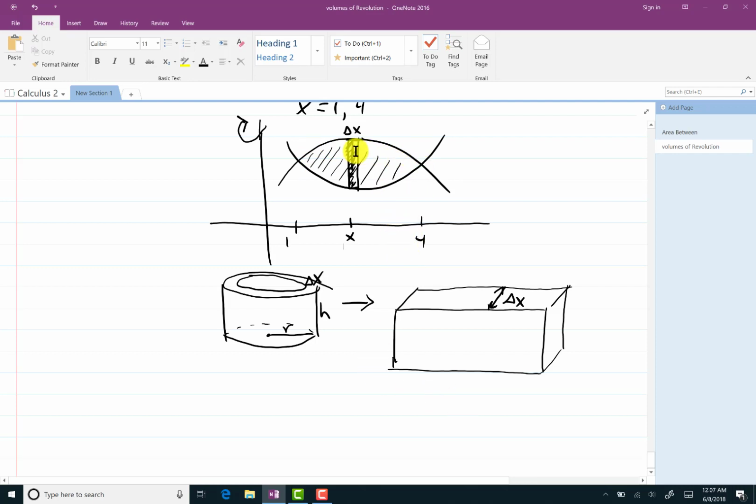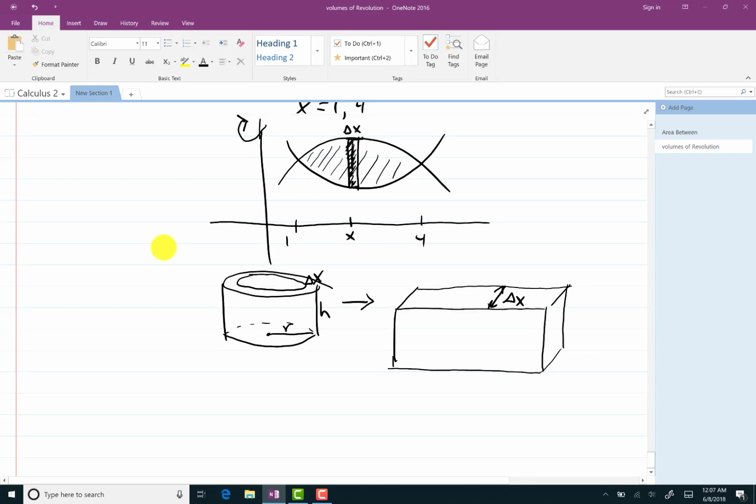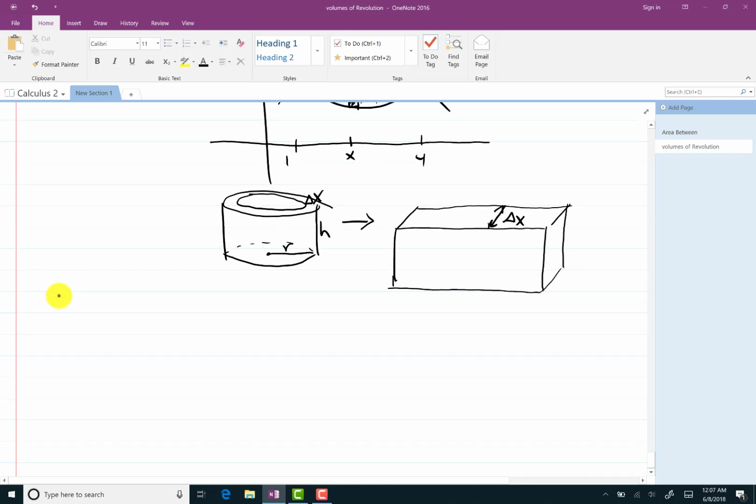What is the height of this thing? Well, the height is going to be the upper function minus the lower function. So h equals upper minus lower.